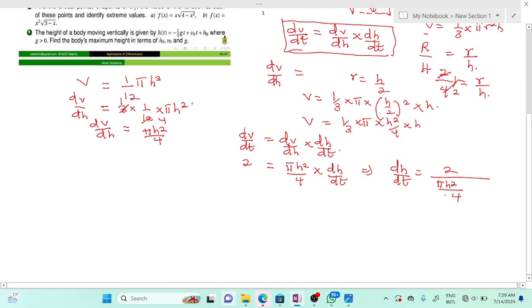So simplifying this expression, we know where our h is, so we can easily make substitution for our h. So dh over dt will simply be equal to 2 over the expression pi times, our h is the height we're given in the problem, the height of the water.